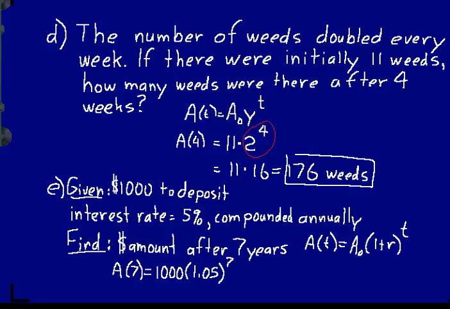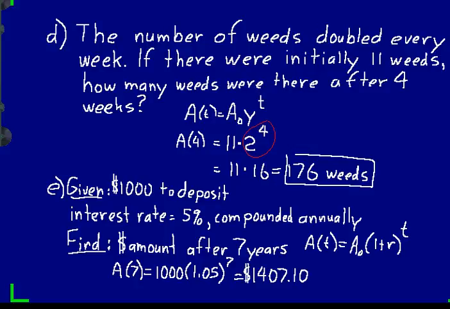Okay? So just like we did on the previous problem, we do that 1.05 to the 7 first. And so go ahead and do that on your calculator and then multiply that by 1,000. And we're dealing with money here, so we want to write our answer to 2 decimal places. And so we would end up with $1,407.10.